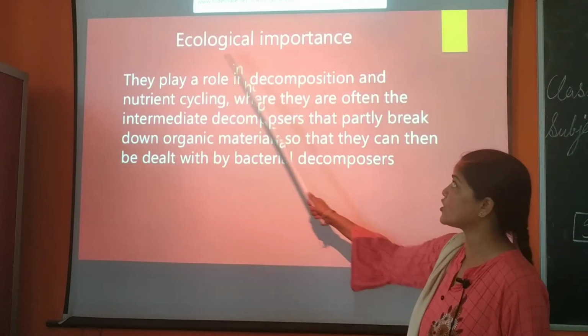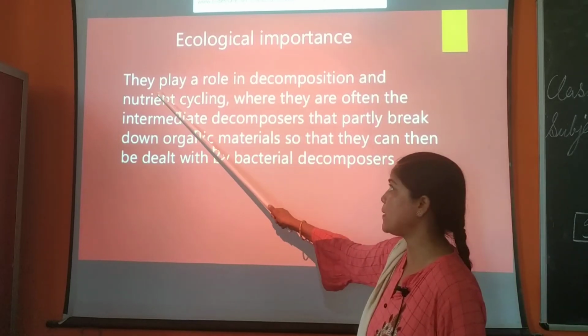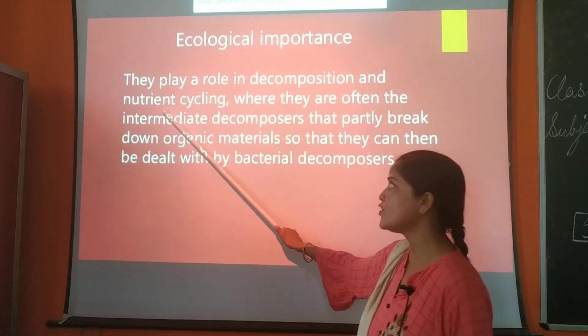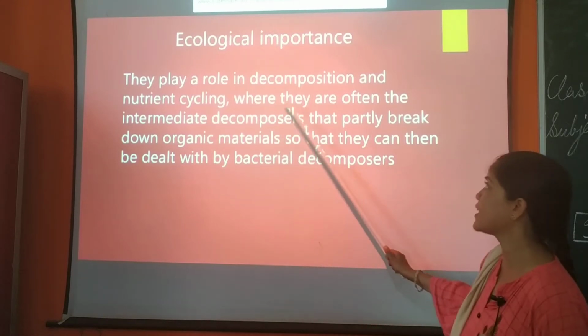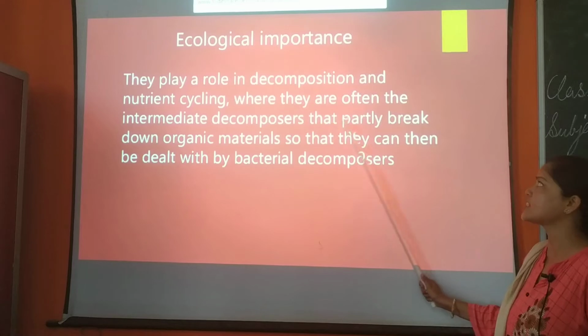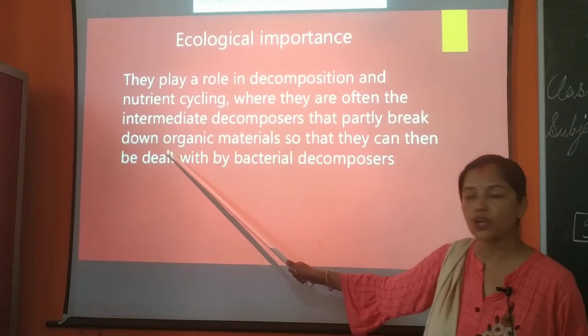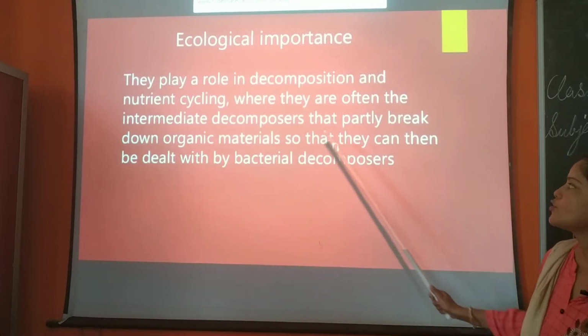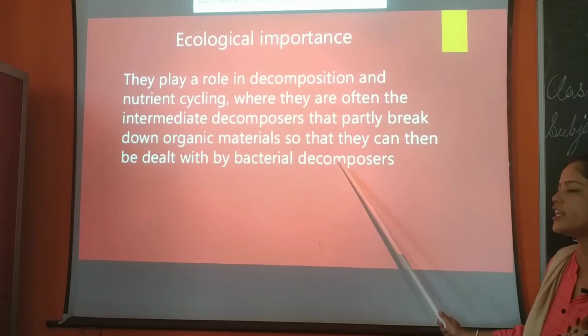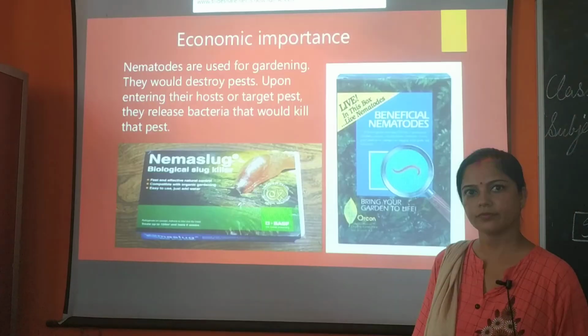Their ecological importance: they play a role in decomposition and nutrient cycling, where they are often the intermediate decomposers that partially break down organic materials so that they can then be dealt with by bacterial decomposers.